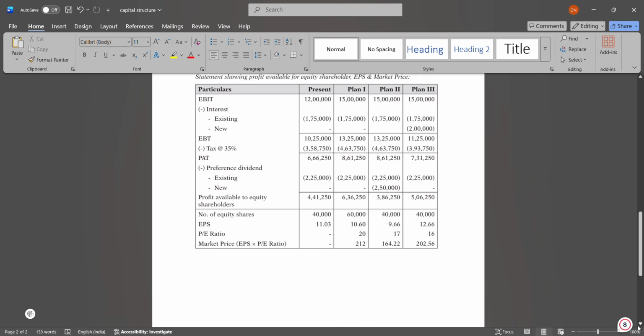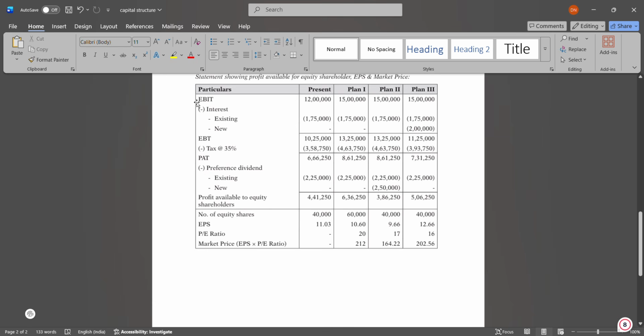As I said, the earning before interest and tax for the present situation, that is 1 crore at 12%, contributes 12 lakh rupees. Now to calculate plans 1, 2 and 3, the EBIT will not change. We are calculating which investment is going to be preferable for the company.